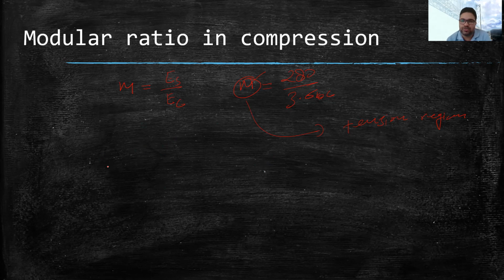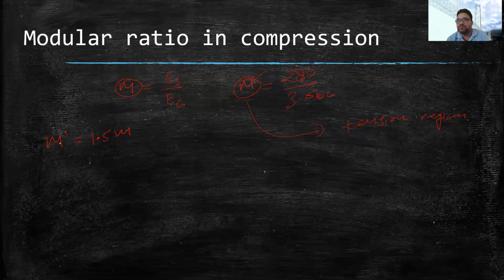In the compression zone, concrete is mainly carrying the compression, and as concrete experiences creep and shrinkage, because of these phenomena, the steel in the compression zone will also experience more stress than the tensile steel, and that is why the modular ratio that we use for compressive steel, we represent this as M dash, and it is 1.5 times of M.